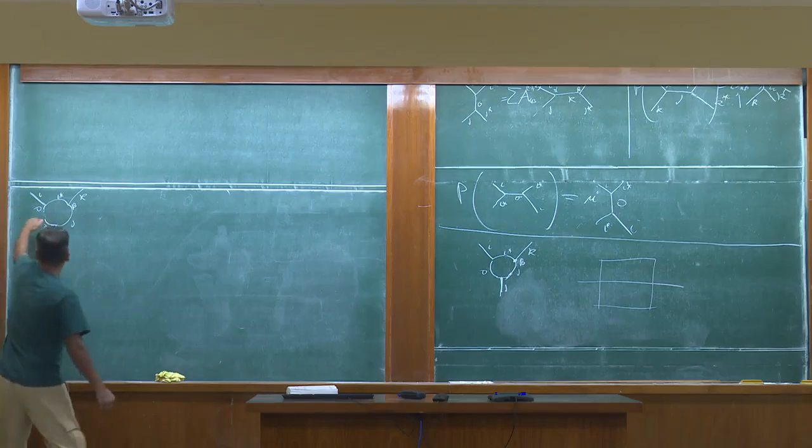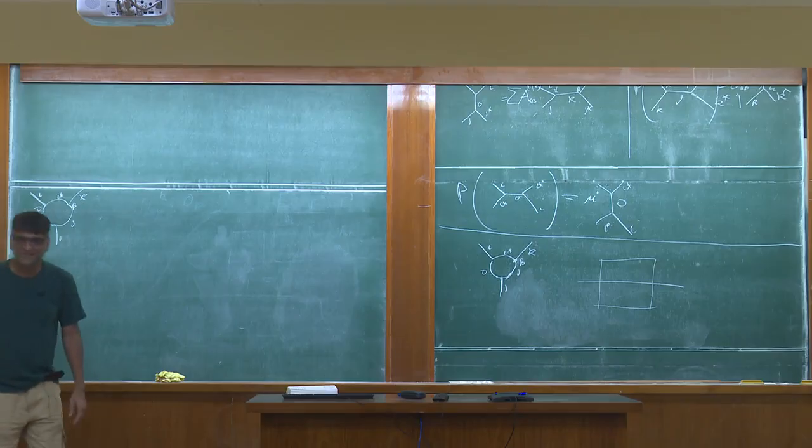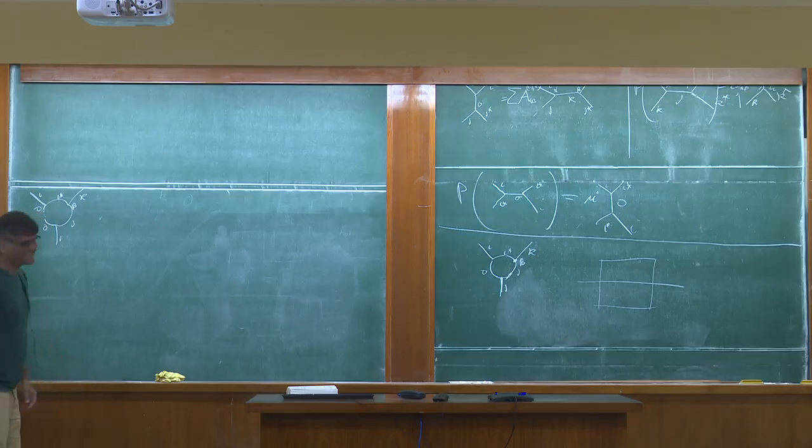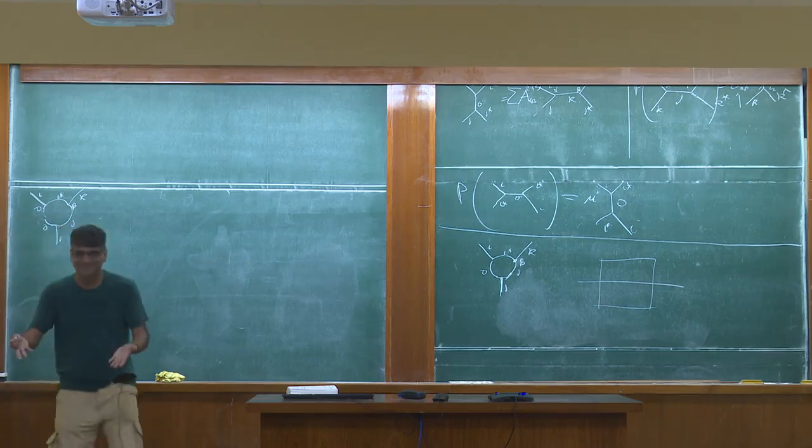This is just nothing. So this was really representing a 3-point function between j, k, and I star in the beta fashion. I star depends on which way you look at it.